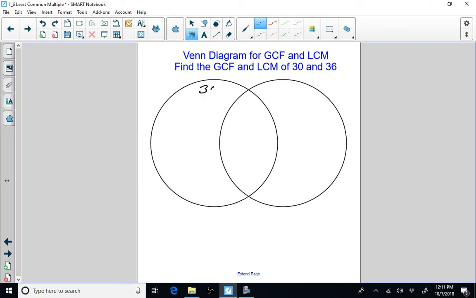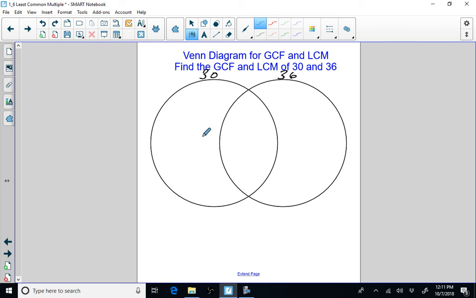Okay, first I identify, not inside the circle, outside the circle. First, I identify 30 for one circle and 36. And just to explain how a Venn diagram works, the section where they intersect, those are going to be prime factors that are common to both numbers.